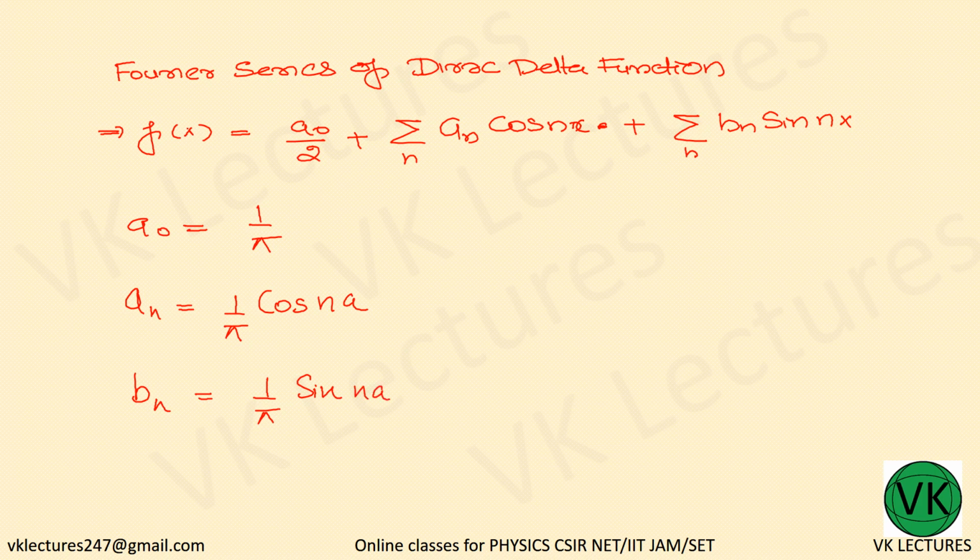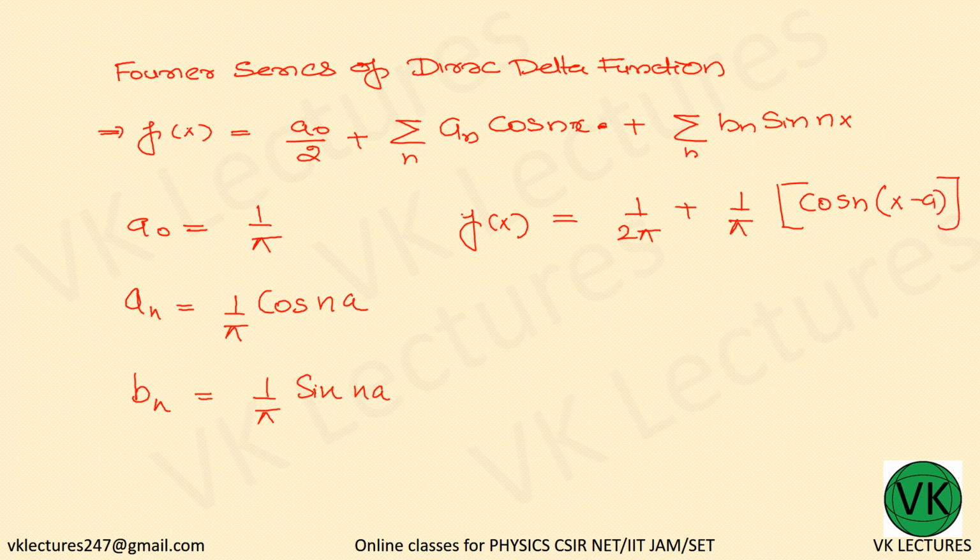So you can write the function f of x is equal to 1 by 2 pi plus 1 by pi into cos n of x minus a.